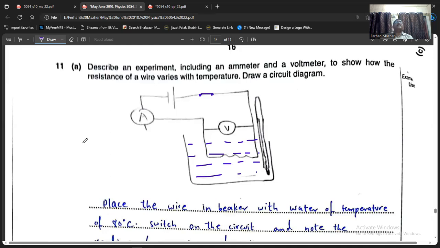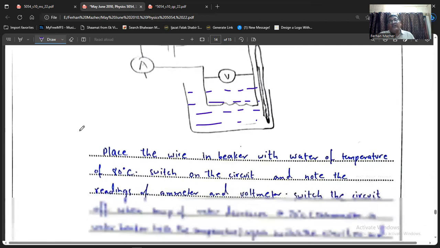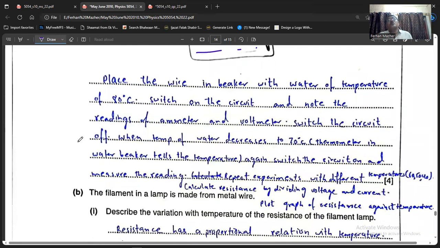And then wait. When the temperature becomes 50, again close the switch, note down the readings on the ammeter and the voltmeter, and open the switch. In this way, at different temperatures, you will be able to calculate the voltage drop and the current through the circuit, and at the end you can calculate the resistance of the wire at that temperature.